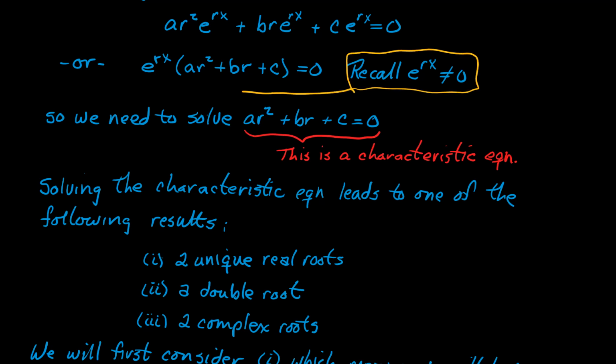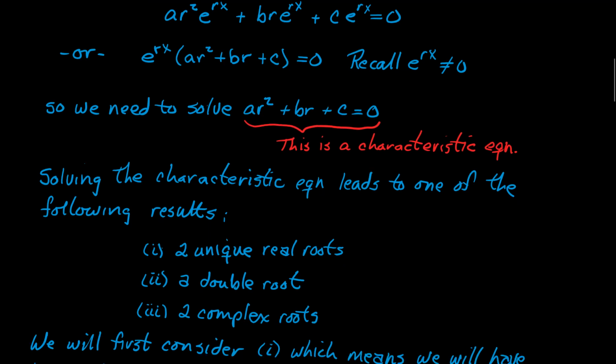Aha! So what that means is this can never be 0. That therefore tells us that this quadratic equation we have here, this is referred to as being the characteristic equation, has to be equal to 0. Since e to the rx is not 0, and we have two things multiplied together to give us 0, if the first thing isn't 0, the second thing has to be 0.